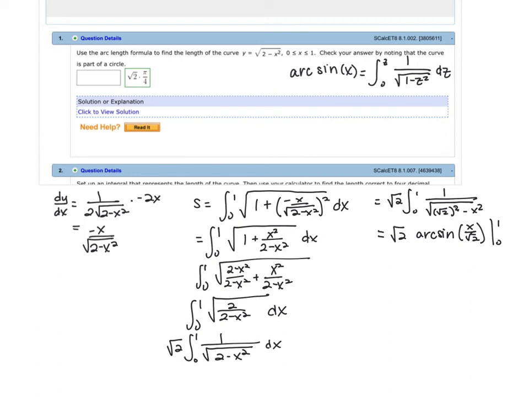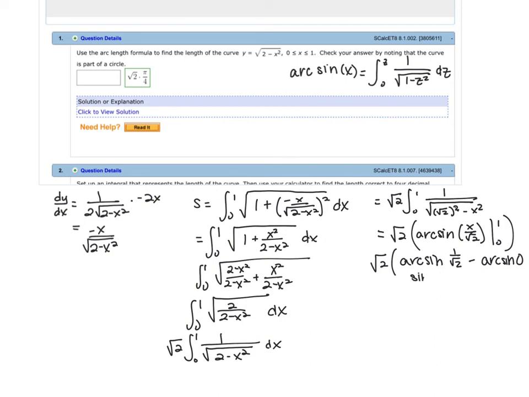And when we substitute this in, I'm just going to leave that root 2 out. The arc sine means the sine inverse. It means the angle that gives us that sine. So really what I'm doing is root 2 times the arc sine of 1 over root 2 minus the arc sine of 0.